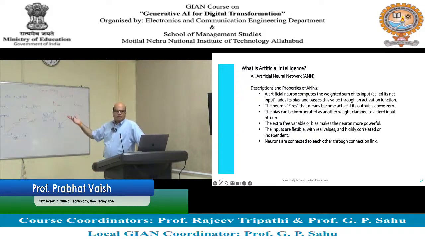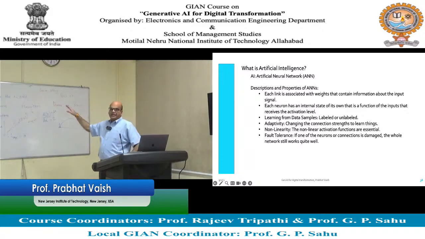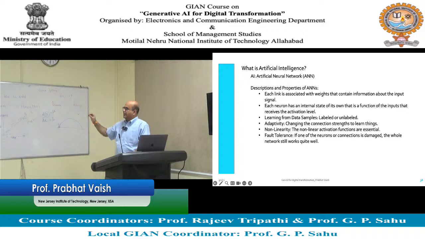Inputs are flexible, real values. They may be correlated or independent, and they are all connected, the things that we just talked about. Let me quickly go over some of these things that we have already talked about. Weights: each neuron has an internal state. I just talked about the internal state, functions of the input. The learning is happening from the data samples. They could be labeled or unlabeled, but for the sense of the class today, it's all labeled.